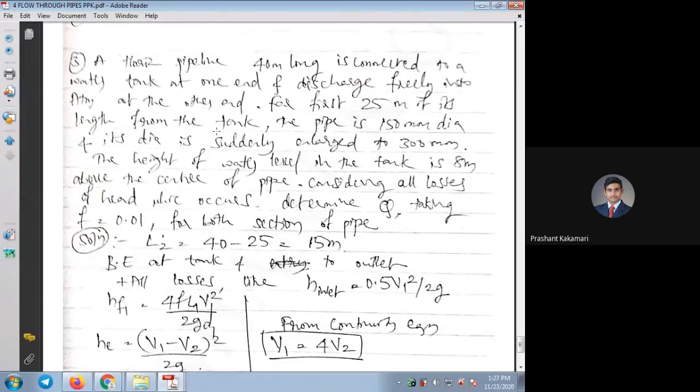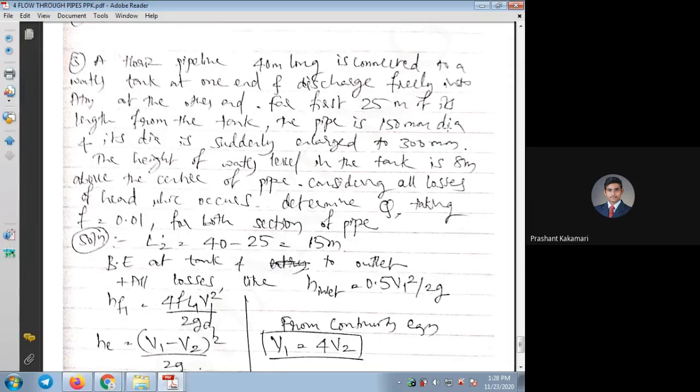For the first 25 meters, now the condition starts. For the first 25 meters of its length from the tank, the pipe is 150 mm diameter. From the connection at the tank on the left side to the right side, for 25 meters length, the pipe diameter is 150 mm, and then it is suddenly enlarged.